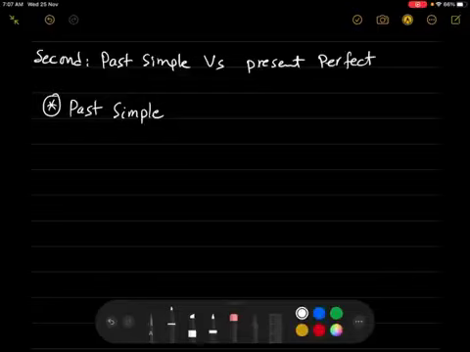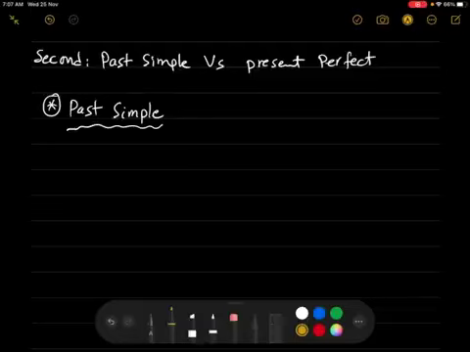Guys, let's tackle second the past simple versus present perfect. And let's start with the past simple. We use the past simple tense when we want to do the following. First, to express a completed or finished action in the past. We can also specify the point of time at which the action was completed or finished.